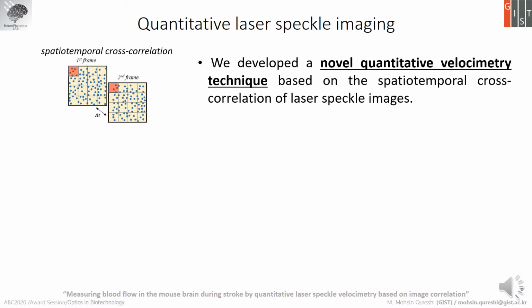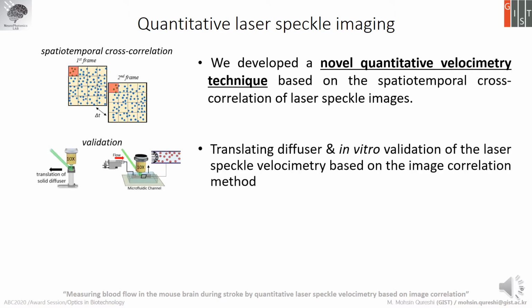We report a new laser speckle based absolute blood flow measurement technique and adopt the spatiotemporal cross correlation technique. Then we validate the quantitative laser speckle imaging method both in a translating diffuser and in an in vitro sample of flowing RBCs in the microfluidic channel.